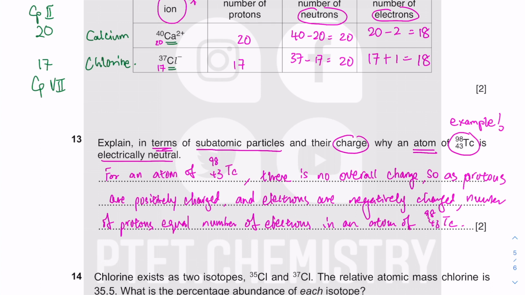Okay, so 98 43 technetium has 43 protons and 43 electrons.